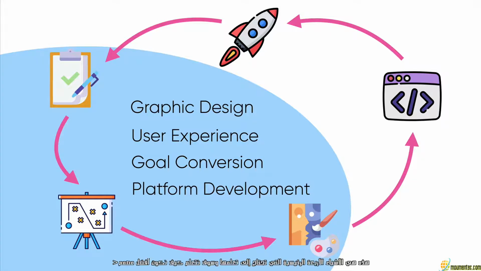Now, these are the 4 main things that you need to learn and we're going to learn to be a top designer. Throughout all of these, and something that we keep mentioning is this idea that you'll also need to be good at client and project management, but we'll get to that later in the course.